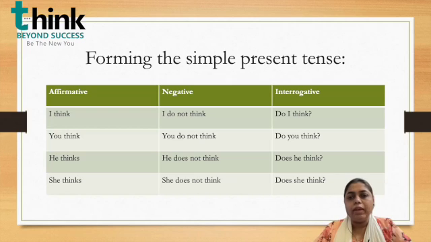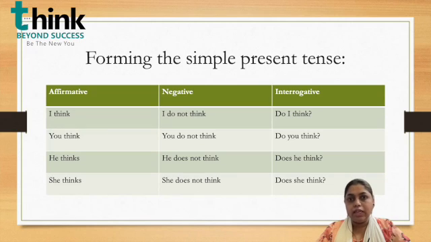Forming simple present tense sentences. I think. Negative statement: I do not think. Interrogative sentence: Do I think? You think. You do not think. Do you think? He thinks. He does not think.